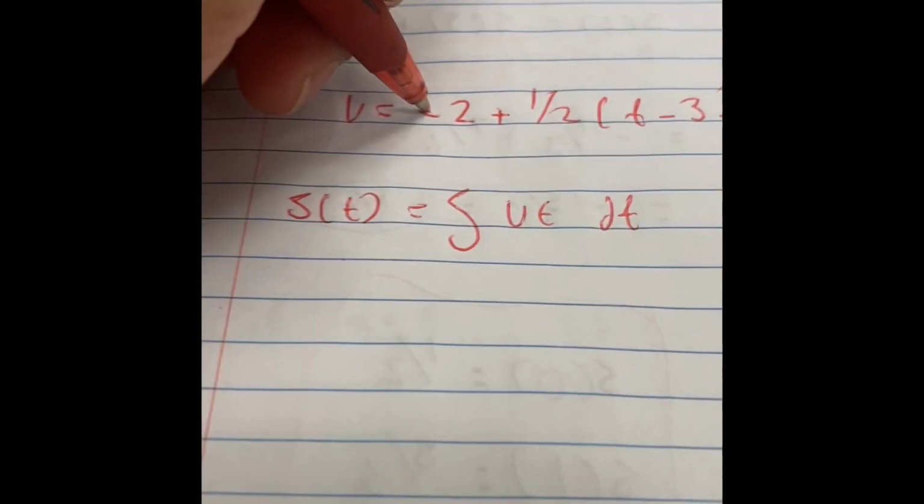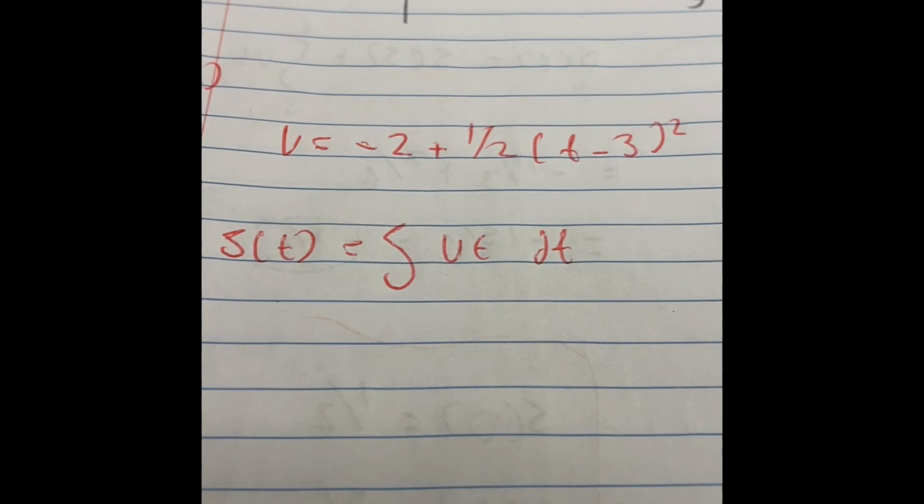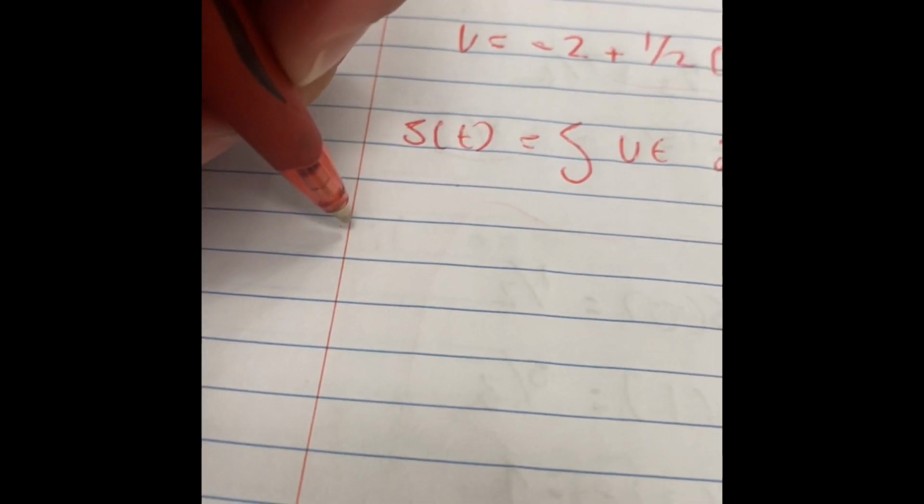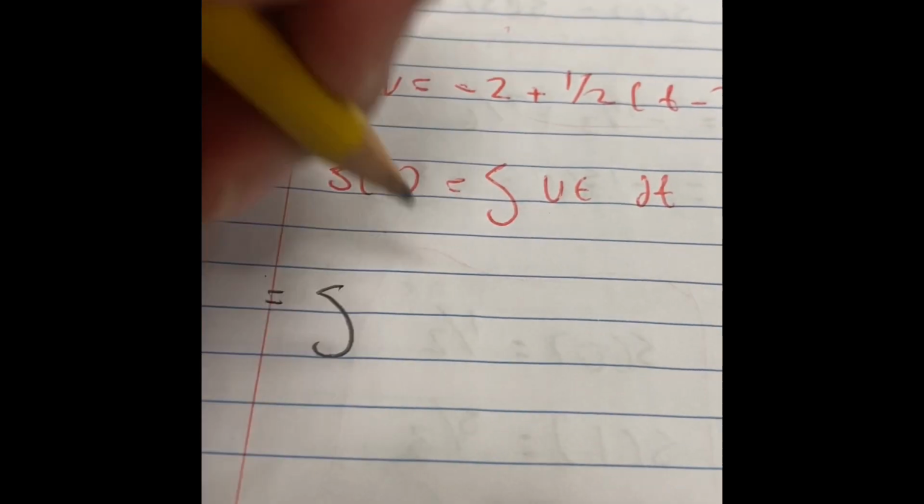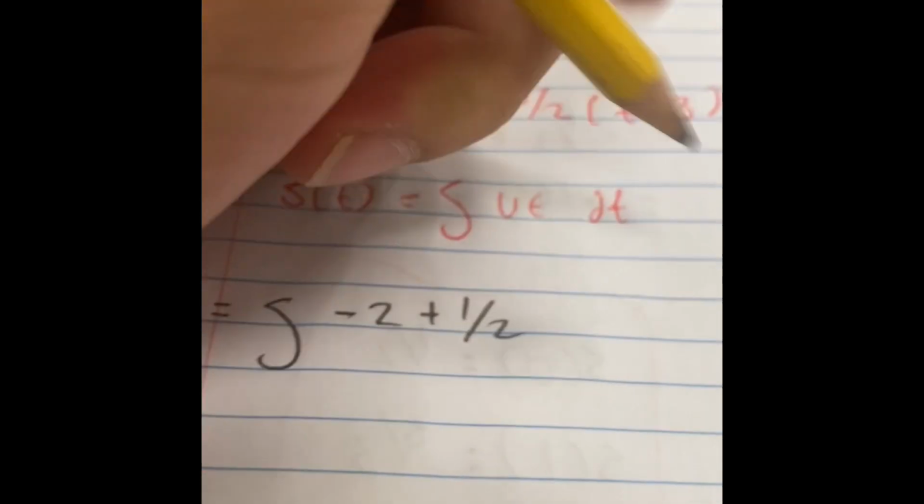So we're just going to find the antiderivative of this function. So it's going to be the integral of -2 plus 1/2 times (t minus 3) squared.